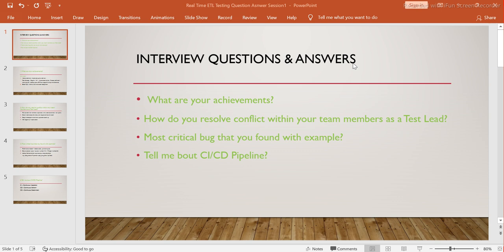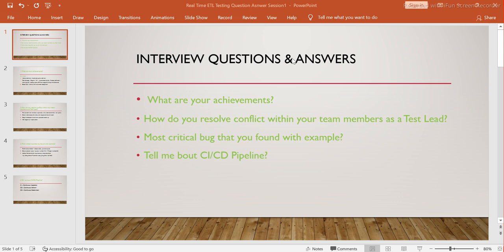So there are four questions. I would say these questions are a bit for a senior role, right? But it's not that it's always for the senior role, but most of the time it's a senior test engineer to test lead kind of role, right? That's where this kind of questions will be fitting in, okay?